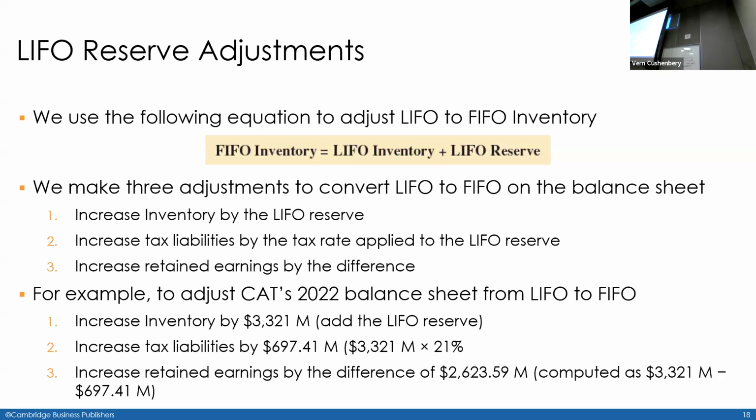They increased inventory by 3.3 billion. They increased their tax liability by, rounding up, $700 million. That's based on an average tax rate of 21%. And the net effect of that increased retained earnings by $2.6 billion. Just right there, laying on the balance sheet. It's an accounting transaction.